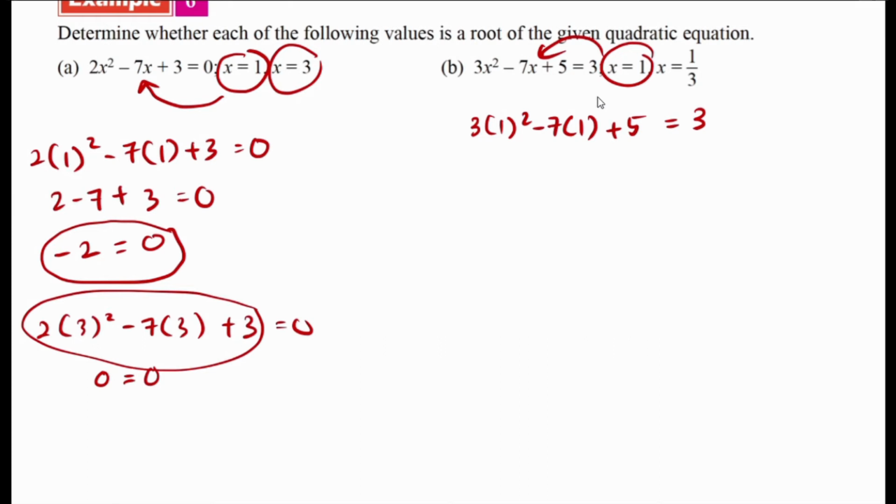If we calculate the value, we get 1. Is 1 equal to 3? No, 1 is not equal to 3. So 1 is not a root.